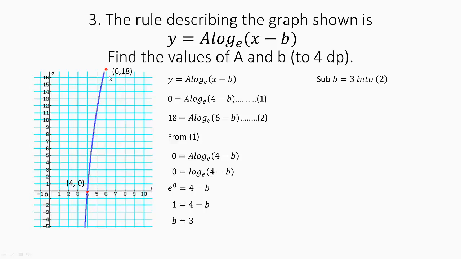I can then substitute that back into the other equation. So 18 equals a log to the base e of 6 minus 3, so a equals 18 divided by log to the base e of 3. Put that into my calculator, 16.38.